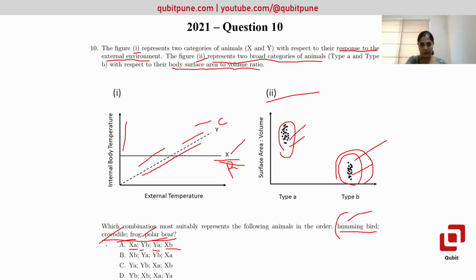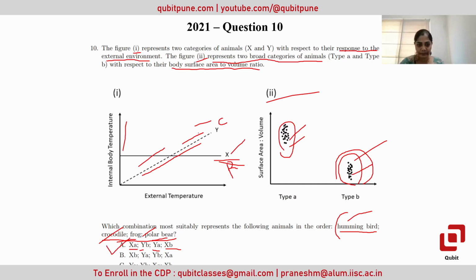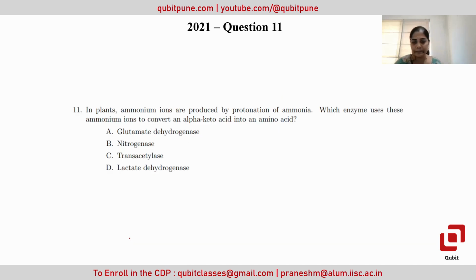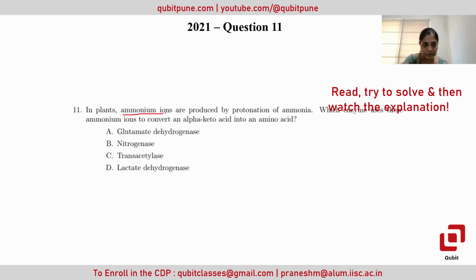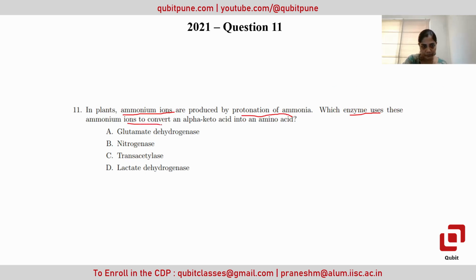So all the things are correlated with option A. So option A will be the correct one. Next. Option A. Okay.